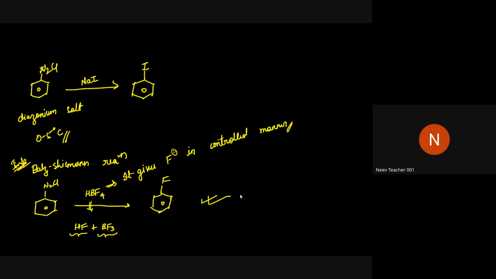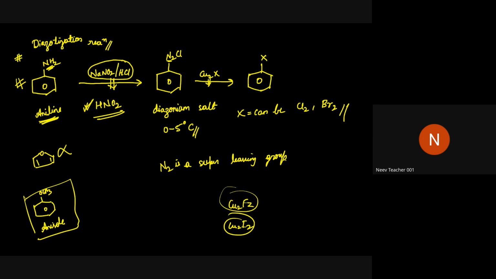So these are some aromatic substitution reactions, SNAr. And what about the reaction of diazonium salt with cuprous halides? Do you know the name? It is known as Sandmeyer's reaction.